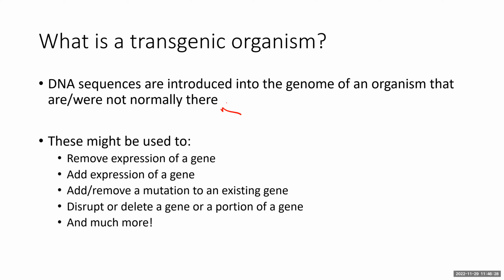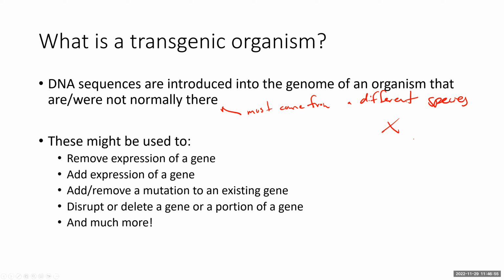Sometimes people will say that it must come from a different species. But that's not necessarily the case. You can make transgenic organisms that only contain genes that are found normally in that species. But the change that you've made isn't normally there.